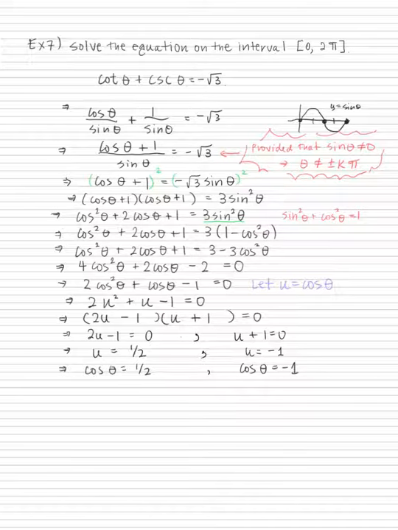So let's go with the first one, cosine of theta equals 1/2. So let me draw a picture. Cosine is positive, right? Okay, cosine is positive in quadrants 1 and 4. So here, the adjacent side is 1, the hypotenuse is 2.